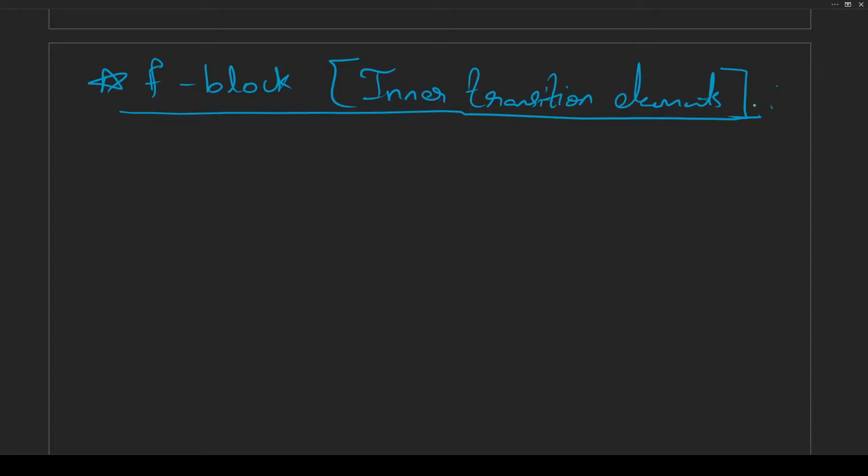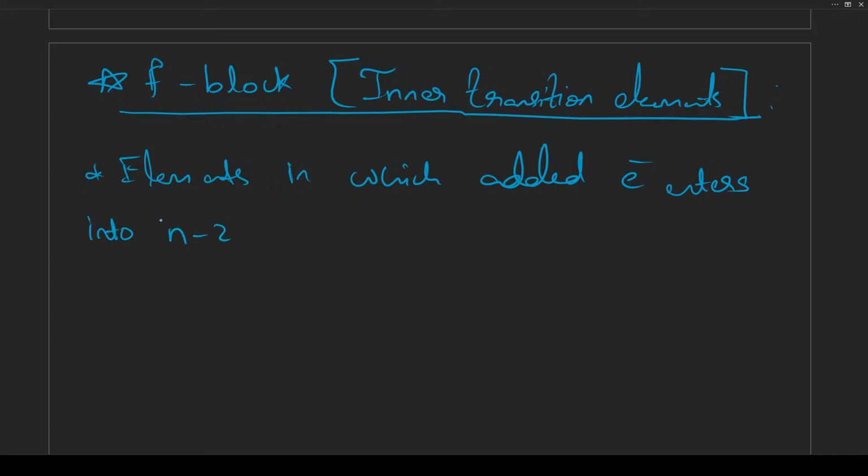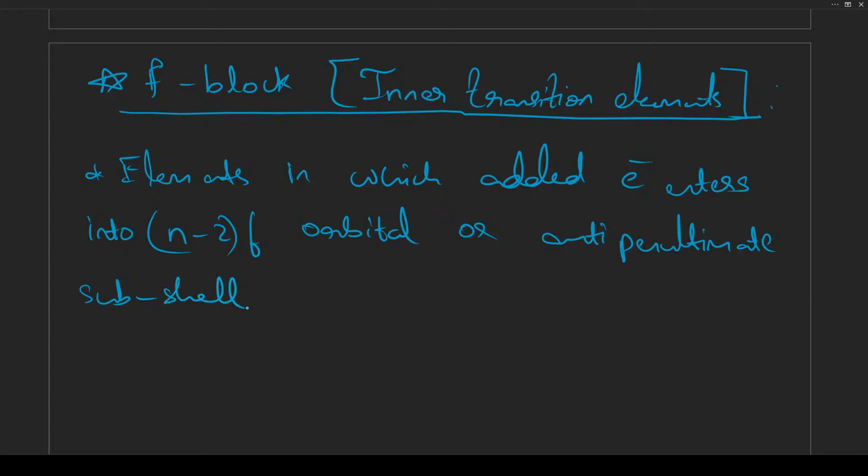Elements in which the added electron enters into the n minus 2 f orbital, or anti-penultimate shell, are called F block elements.